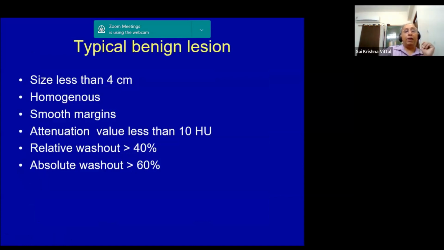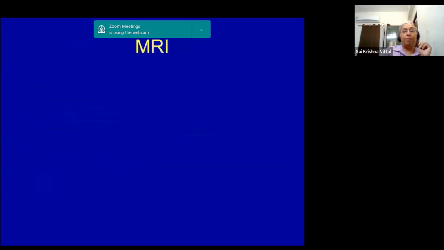So a typical benign lesion: the size is less than 4 centimeters, it is homogeneous in appearance, with smooth margins, attenuation values less than 10, relative washout more than 40%, and absolute washout more than 60%. This is a typical benign lesion on CT imaging.